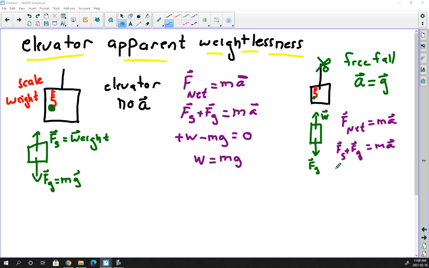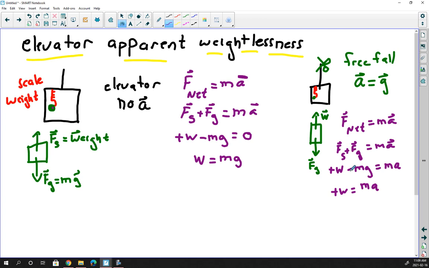Say, okay, well the scale is going to give me a weight reading, which is positive. Force of gravity is mg, right? I put the negative sign out in front here to give me the direction. All right, and that's going to equal mass times the acceleration. So let's rearrange this equation.